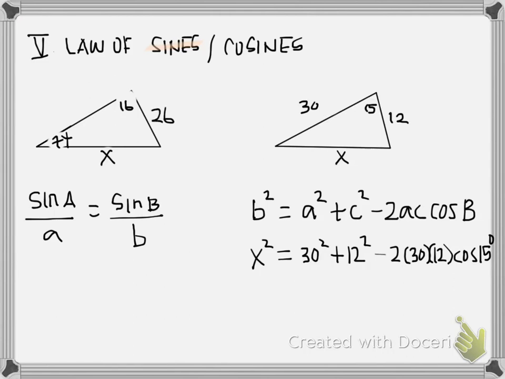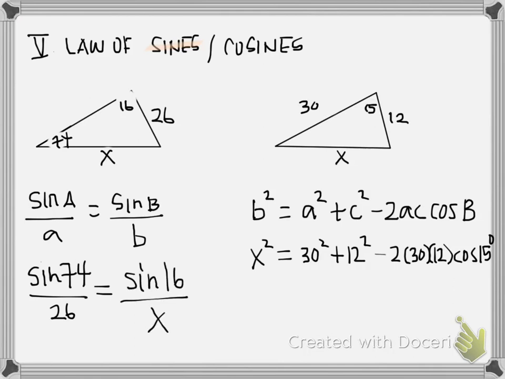We can say sine of 74 over 26 is equal to sine of 16 over your x. So that's how you'll use your law of sines and law of cosines.